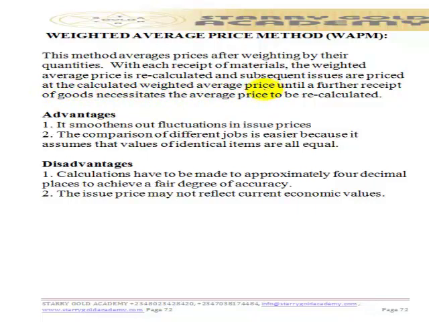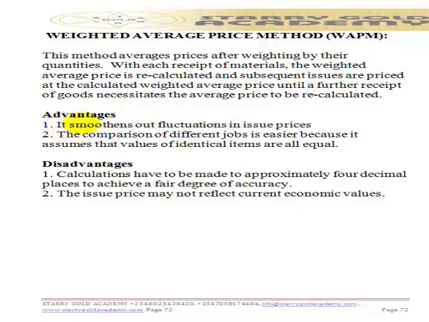A further receipt of goods necessitates the average price to be recalculated. That is, as each item comes into store, the price of materials is weighted by the quantity of items brought into the store.